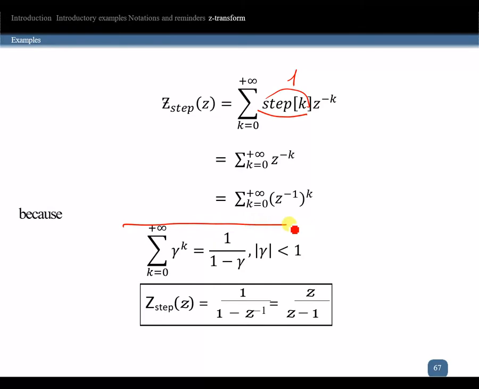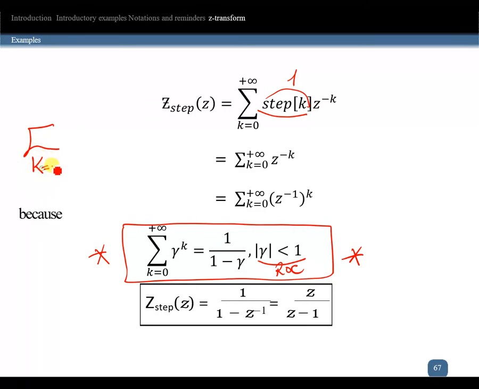Here is a very important result that you learned in mathematics: the sum over k from 0 to infinity of lambda power k will always be 1 over (1 minus lambda), for absolute value of lambda less than 1. This is the region of convergence of this system. Keep in mind or memorize this one. The sum of any signal, k from 0 to infinity, lambda^k, will be 1 over (1 minus lambda).